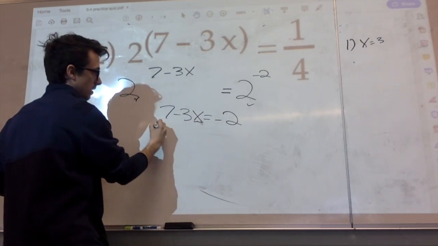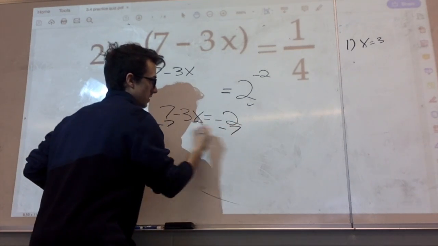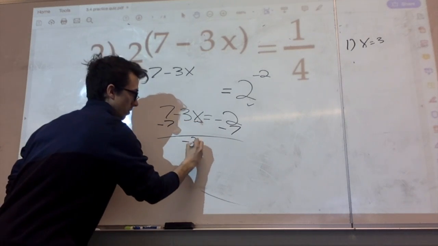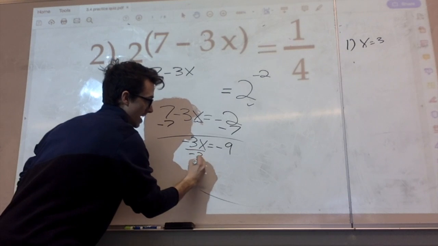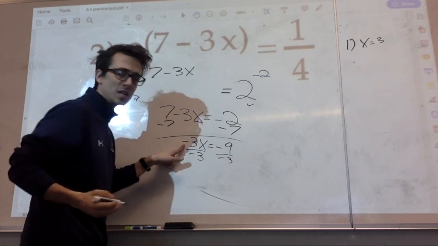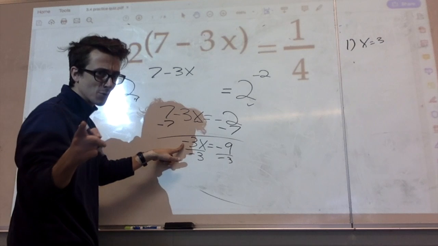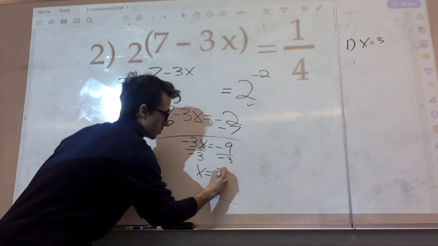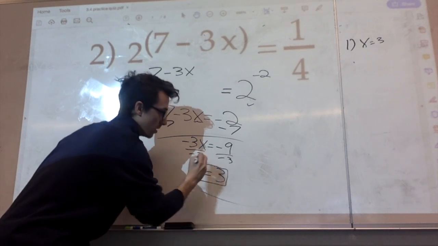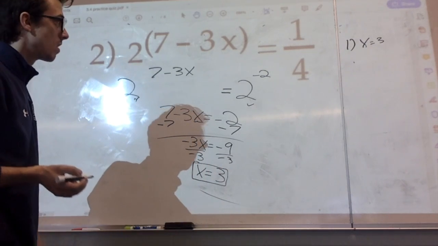Solve for x. Get rid of 7 on both sides. -3x is now equal to -9. Dividing both sides by what kind of 3 again? It's -3. You know that. X is now going to be equal to +3. One more time, just like Daft Punk. One more time.